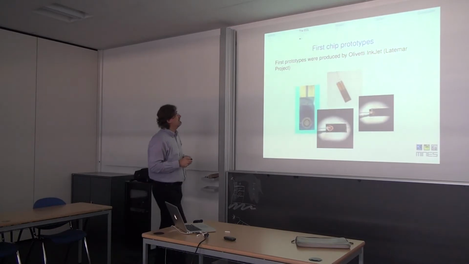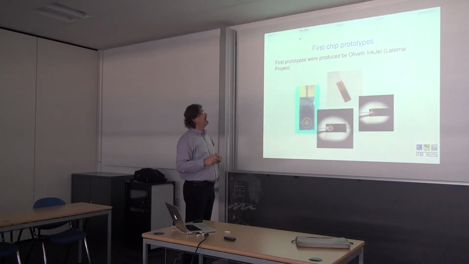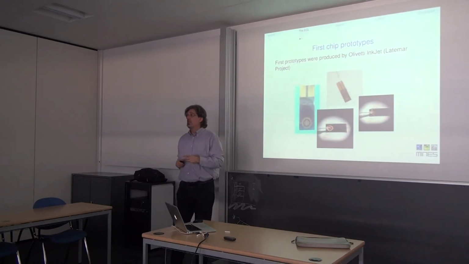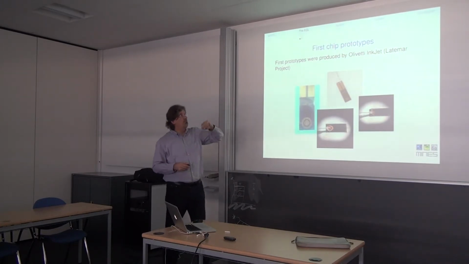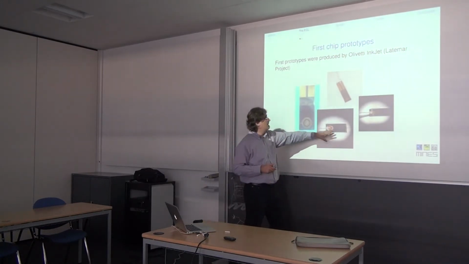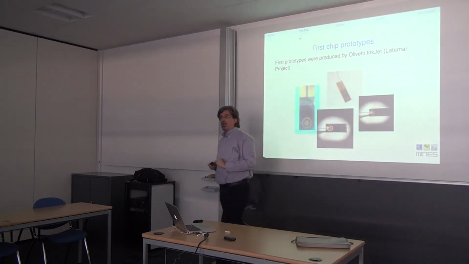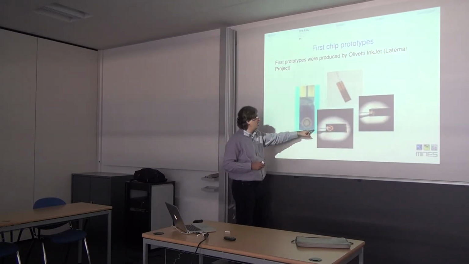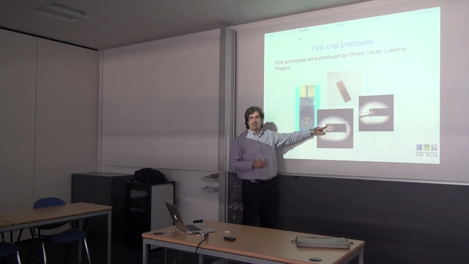And in this case, this work was funded by an Italian government project named Lateral, with which one of the partners was Olivetti Inkjet. So they built these different types of electrodes, and we used, you see here, this is the reference electrode.